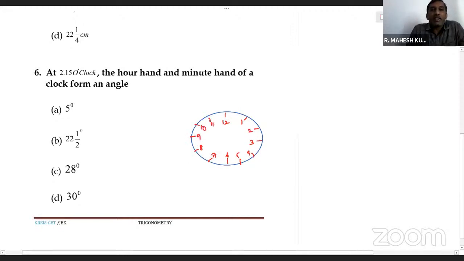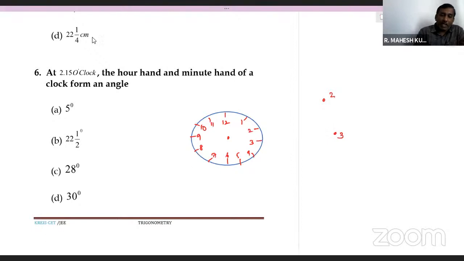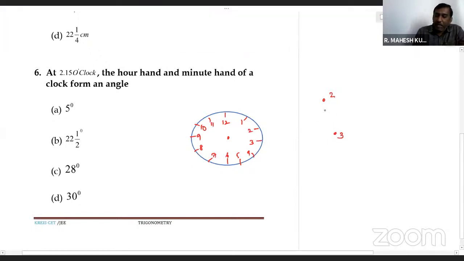At 2 hours 15 minutes, what is going to be the hour hand and minute hand position? Look, here is 2 and this is 3. Where will the hour hand be? Look here, now the hour hand and minute hand.